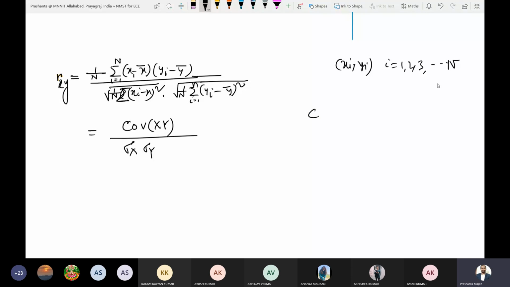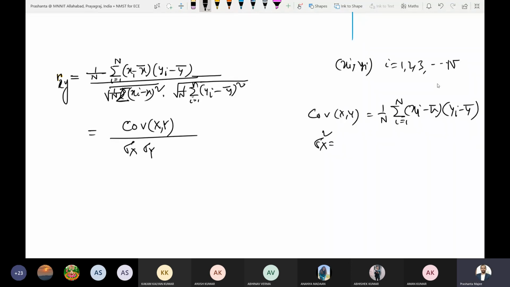So cov(x,y) is 1 by n summation i equals 1 to n of (xi minus x bar) into (yi minus y bar). I'll explain it to you.